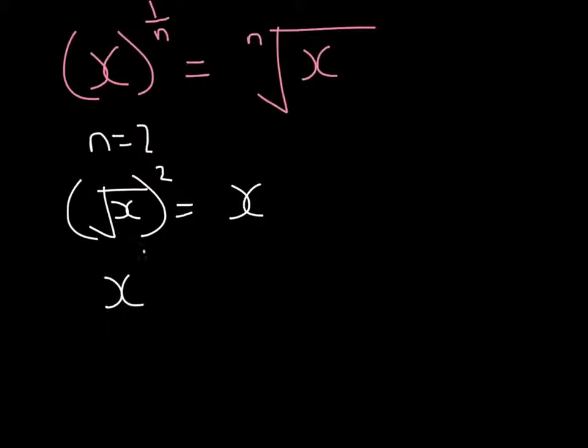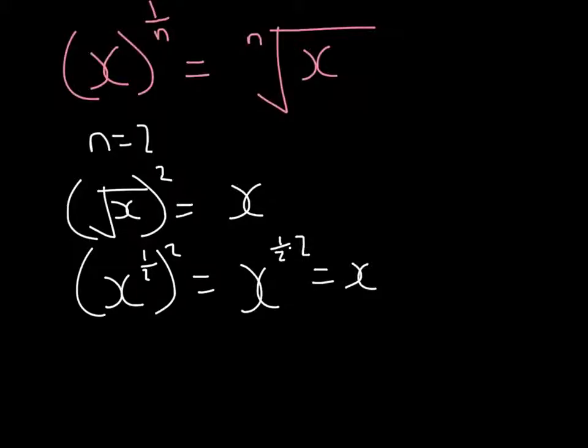What if we take x to the 1/2 and we square that? Then we end up with x to the power of 1/2 times 2, or just x. These two are equal, so that means that these two are equal. And we can then prove this expression in a similar way for different values of n.